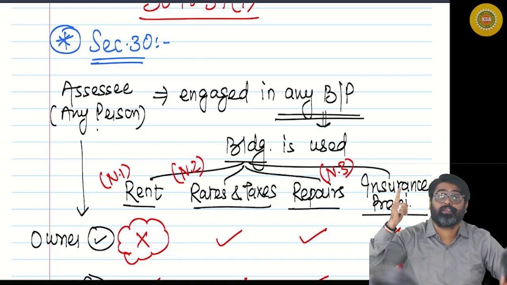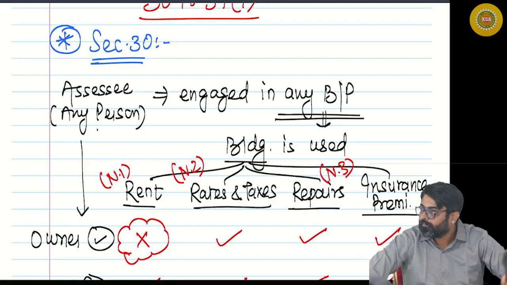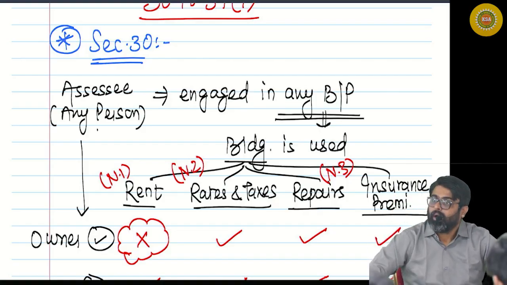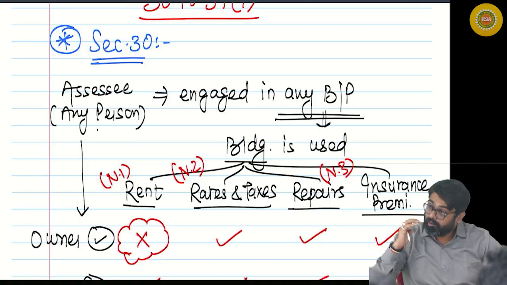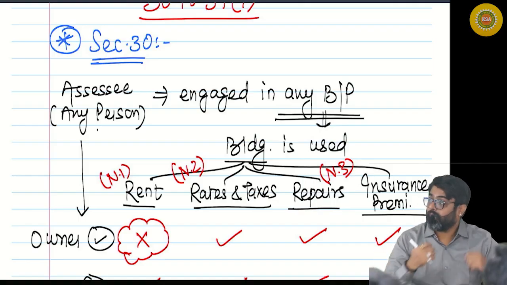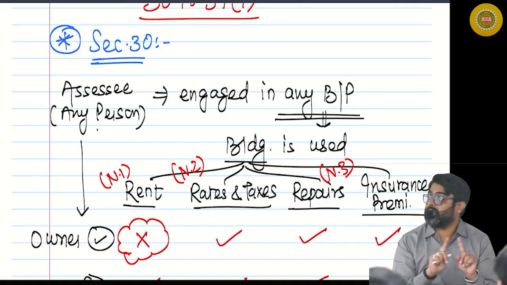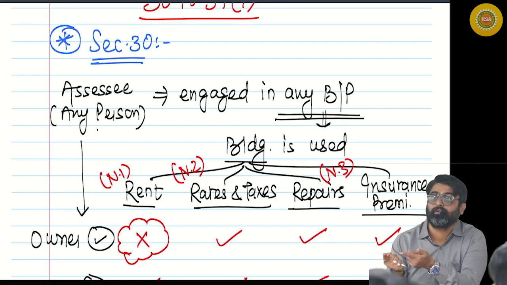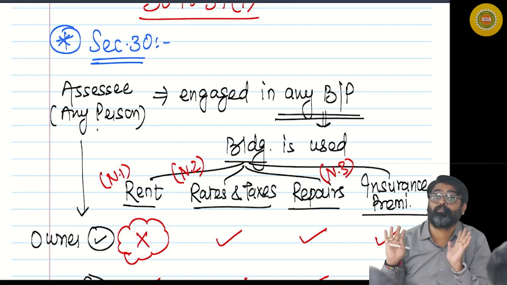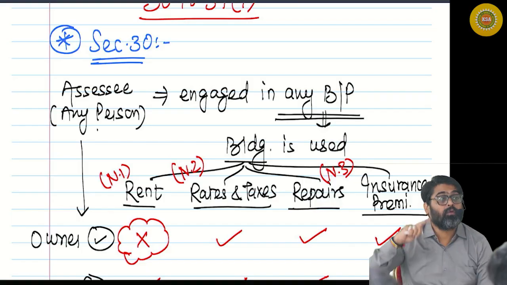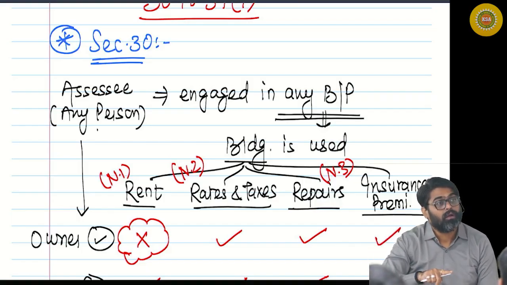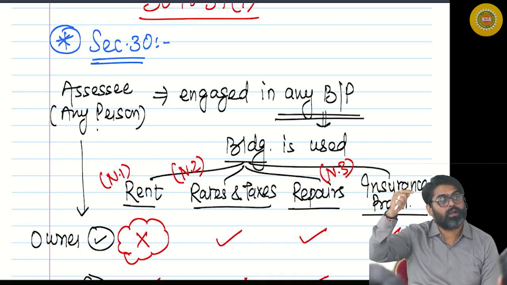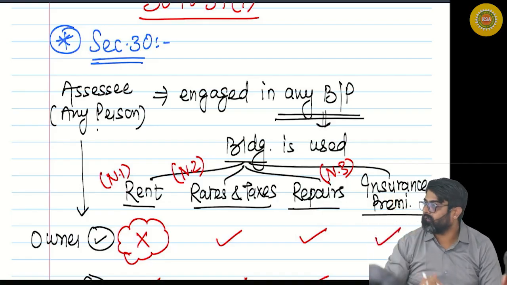There is one section, section 43B, if you remember. 43B allows certain expenses under the head of PGBP only on payment basis. So even if you are following mercantile basis, no deduction will be available for those expenses if they are unpaid. So you have to pay those expenses during the previous year itself, or on or before the due date of filing your ROI for the previous year.